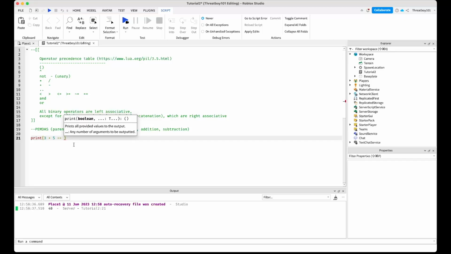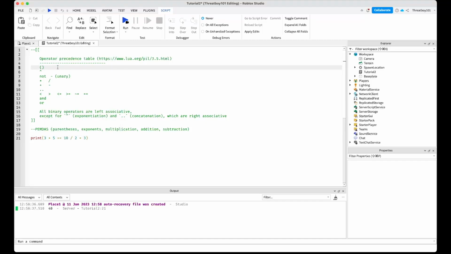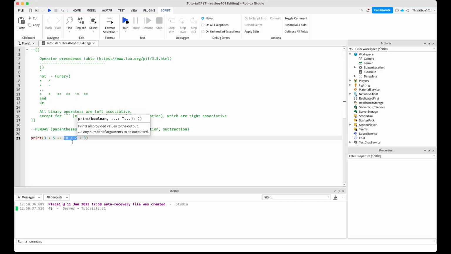But the left side is something different, like 10 divided by 2 plus 3, right? So you have to look at the precedence table, right? The first thing that happens here is division, right? So it'll evaluate the division. 10 divided by 2 is 5, right?